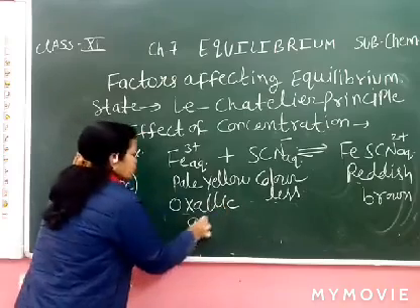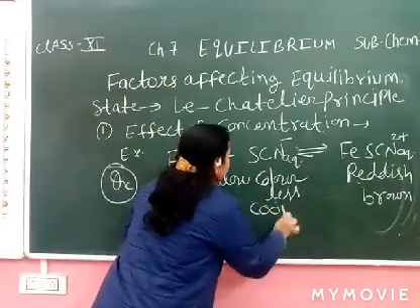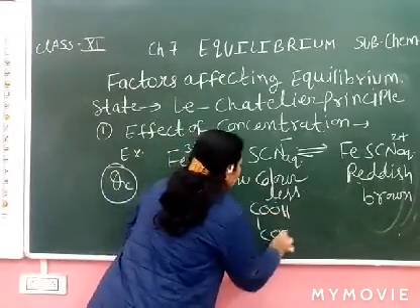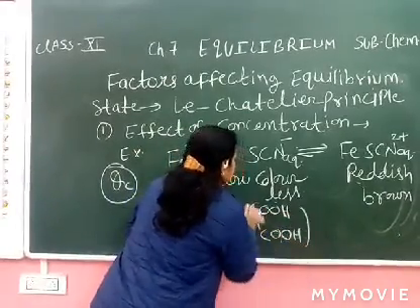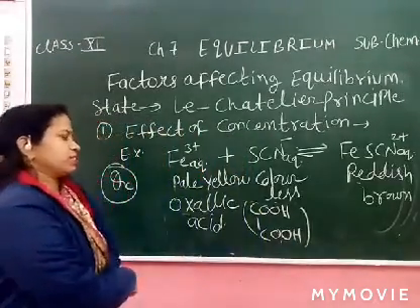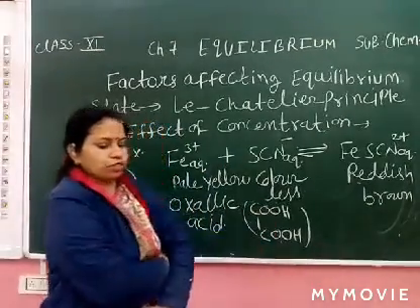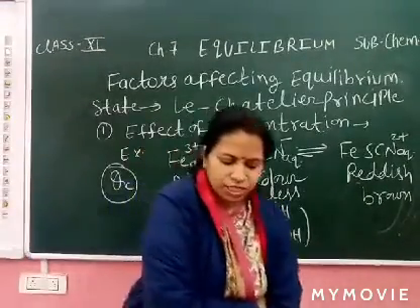What is the formula of oxalic acid? COOH and COOH. This is the formula of oxalic acid, H2C2O4.